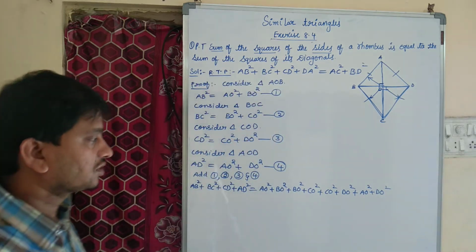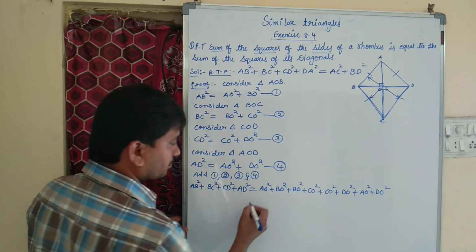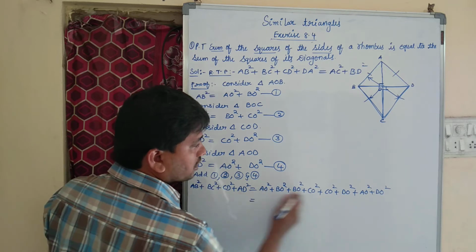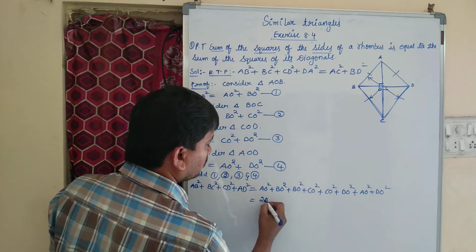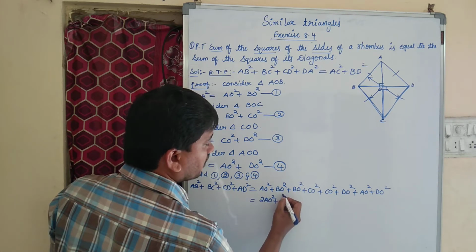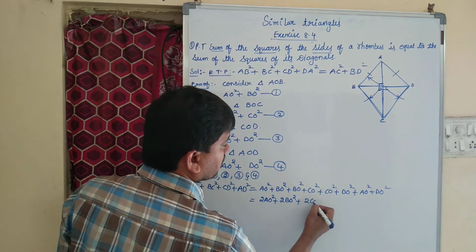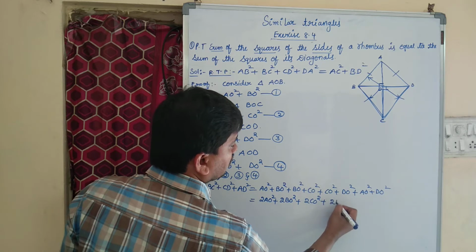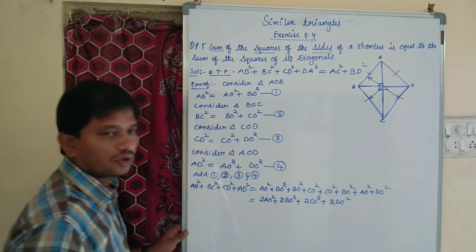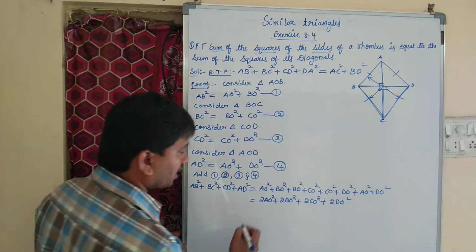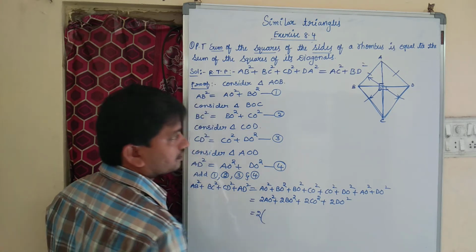Left hand side as it is. The right hand side is AO square plus AO square, 2AO square; BO square plus BO square, 2BO square; CO square plus CO square, 2CO square; DO square plus DO square, 2DO square. So let us take 2 as common.